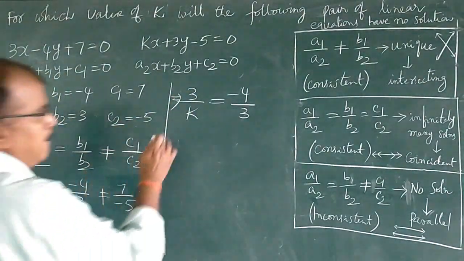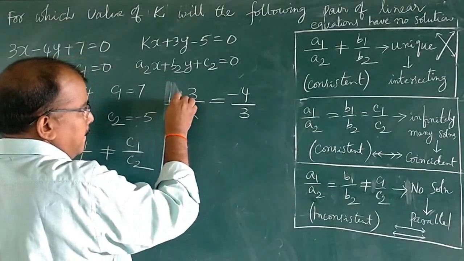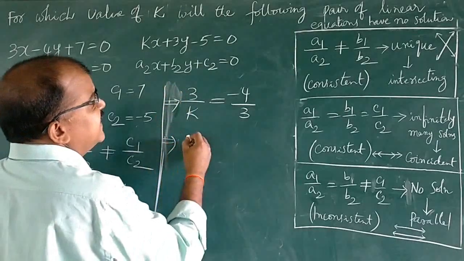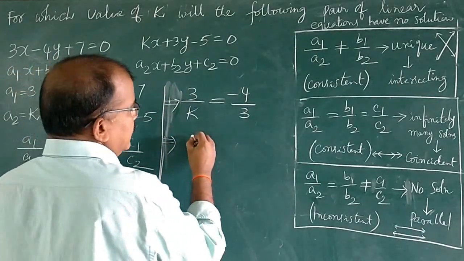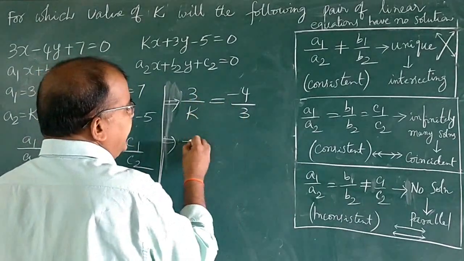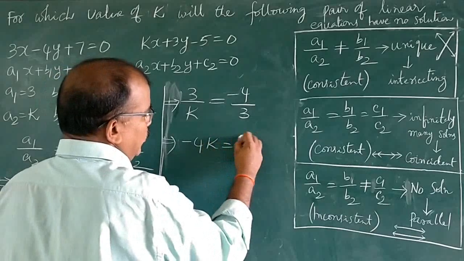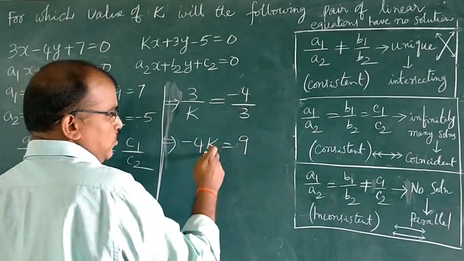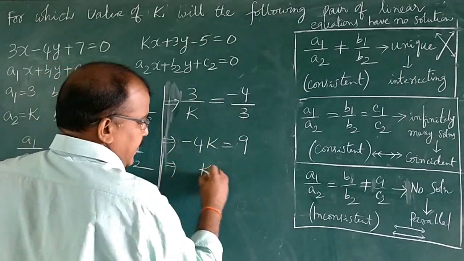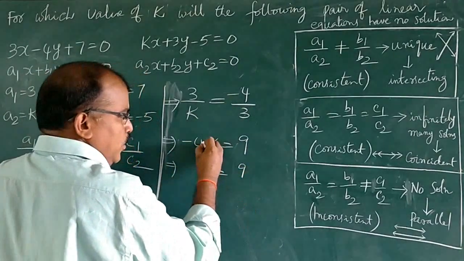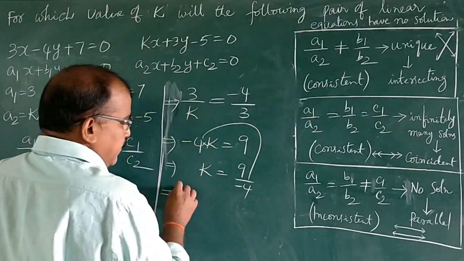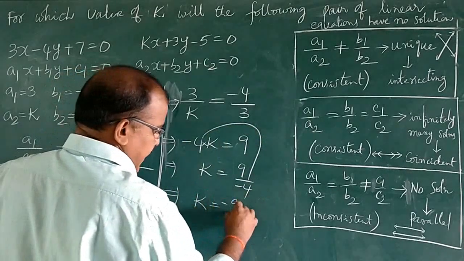That implies cross multiplication: 3 into 3, k into minus 4, so minus 4k is equal to 3 into 3, 9. Minus 4k is equal to 9. K is equal to 9, and the minus 4 will be transposed, divided by minus 4 only. That implies k is equal to minus 9 by 4.